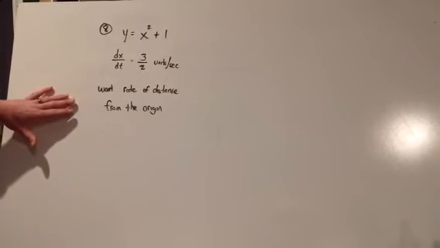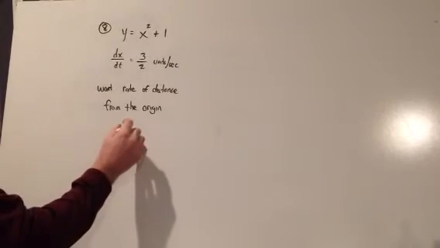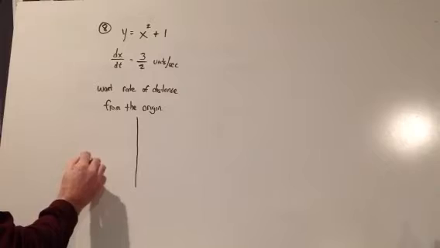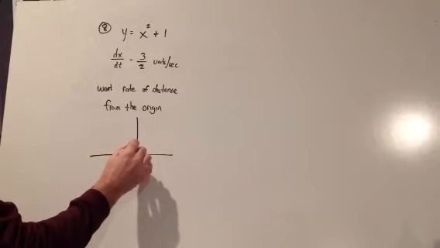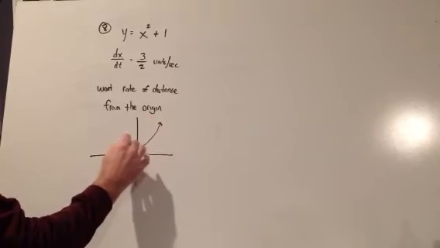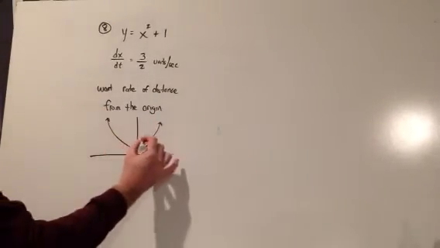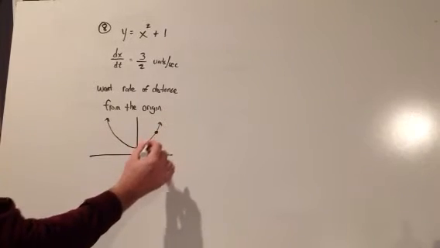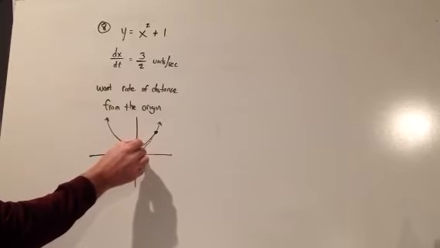We want the rate of change for the distance from the origin. So what this really comes down to is if we were to just quickly sketch out this y equals x squared plus 1, it's up 1, we have a parabola that's been moved up 1. No matter where we are on this parabola, we want to see how our distance to the origin is changing.